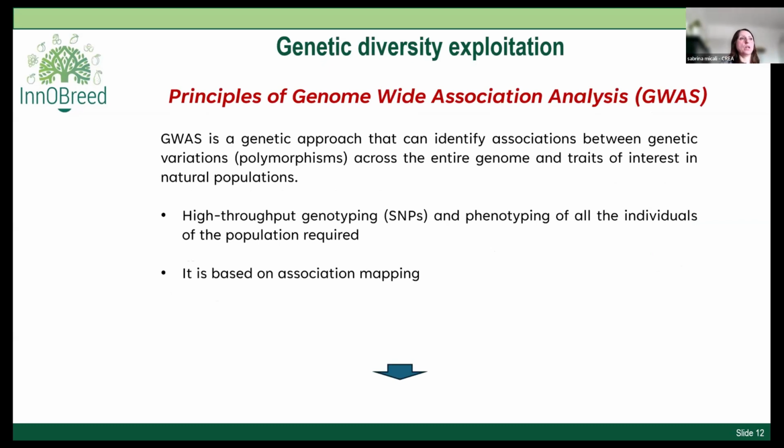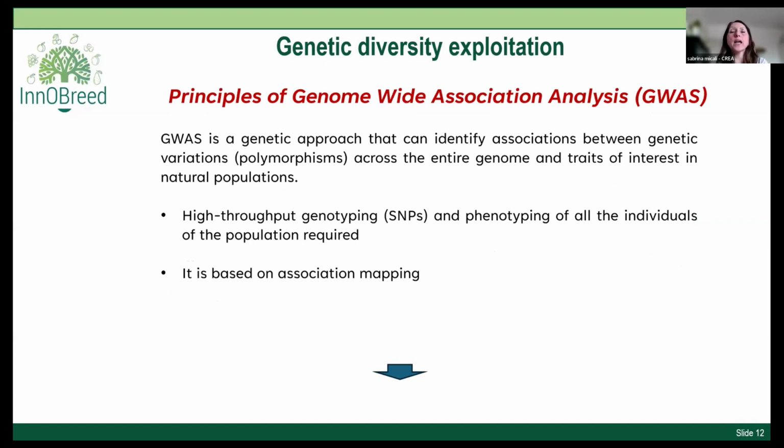Okay, so just a brief overview of what we can do with molecular markers, and we can assess the genetic diversity. And now we go through the exploitation of genetic diversity through genetic approaches.